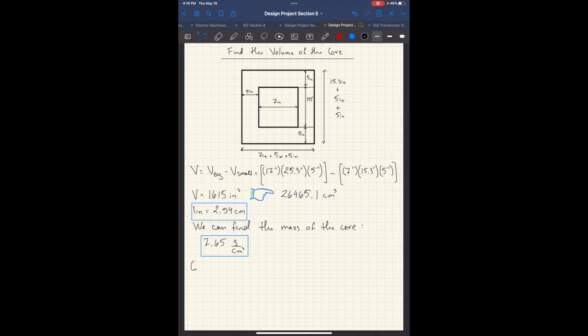So, core mass is going to be 26,465.1 centimeter cubed times the conversion factor, 7.65 gram per centimeter cubed. And you're going to find out that this is going to be 202,458.079 grams.